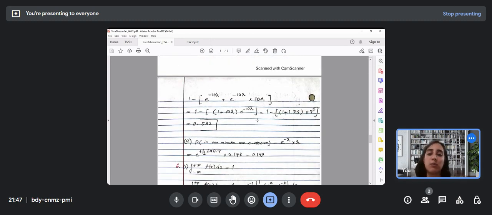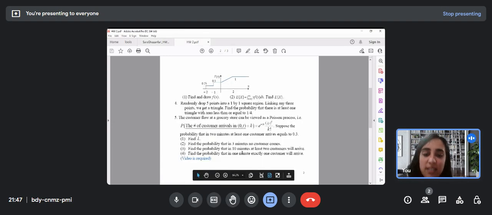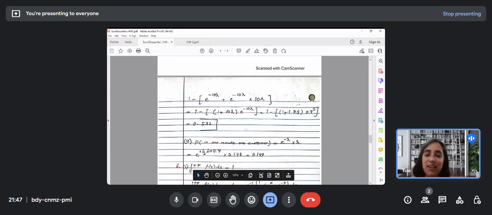Again, because we have time t, which is 10 minutes, for the first one k is equal to 0, and for the second one k is equal to 1. Then we add these two, and 1 minus these two leads us to the answer.